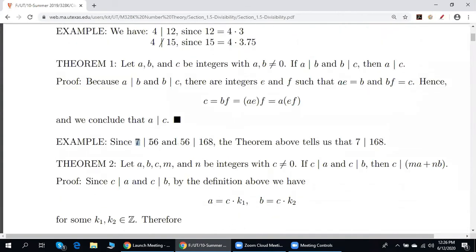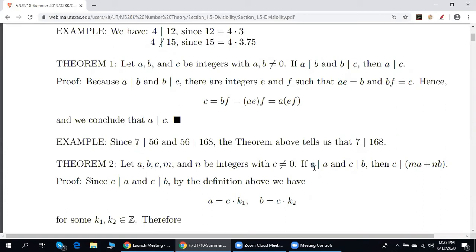Example, 7 divides 56, 56 divides 168, therefore 7 divides 168. Theorem 2. Let A, B, C, M, and N be integers. And suppose C is not equal to 0.